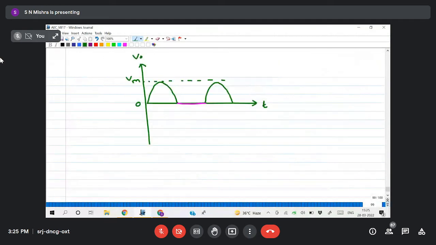That's what I have done. For the positive half cycle, V naught changes as V in, and for the negative half cycle it is 0. Again positive half cycle it changes as V in, negative half cycle it is 0. It will continue as it is. Clear? Yes, sir.